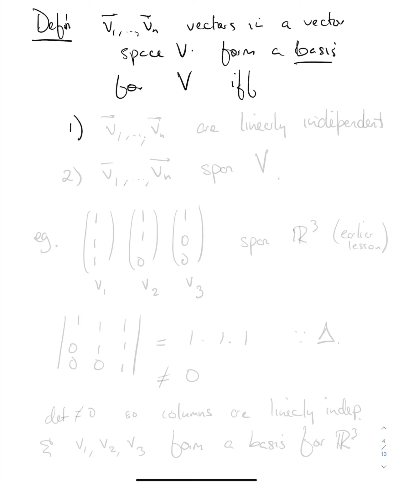Number one, v1 through vn are linearly independent. And two, v1 through vn form a spanning set for V.